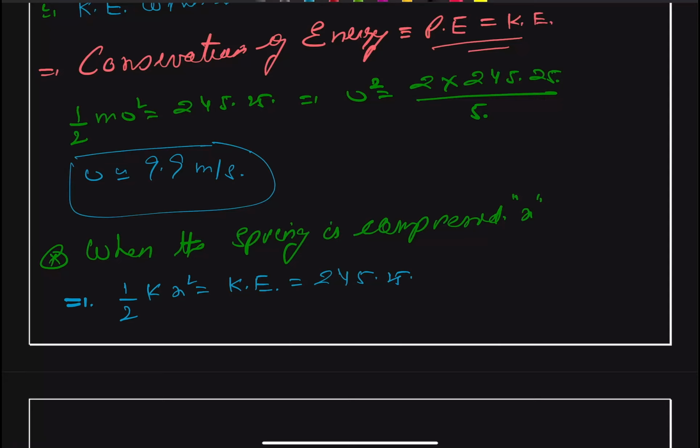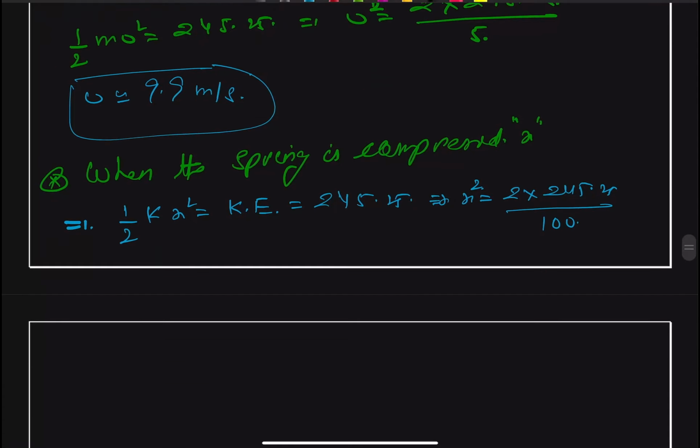So from here we can say that our x square will be equal to 2 times 245.25, and the value of k, spring constant, is given as 100. So we get our x is approximately equal to 2 meters.